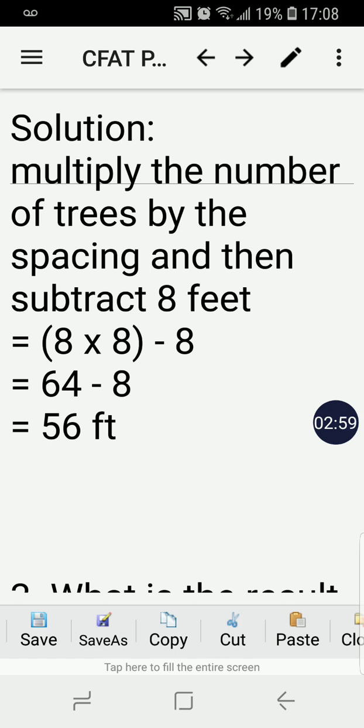Because in this case, we are only determining the distance from the first tree to the last tree. So essentially, we're counting the spaces in between the trees. So the solution is to multiply 8 times 8 and then minus 8. So 8 times 8 is equal to 64, minus 8 is equal to 56.